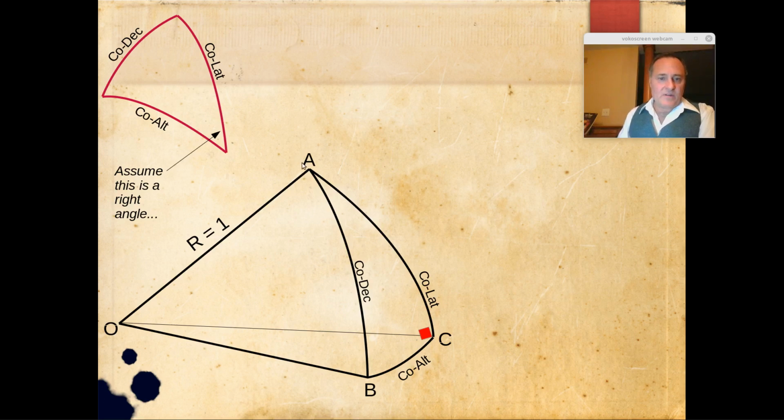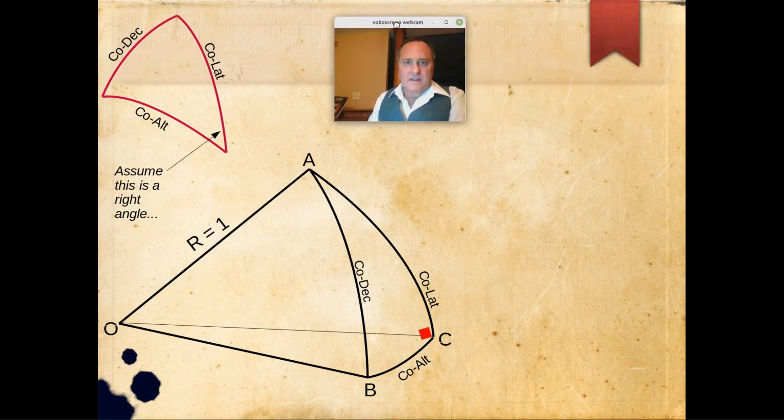Typically, we label angles with capital letters, so I've got A, B, and C, and O for the origin or the center of the Earth. Now, I'm going to move me over here.